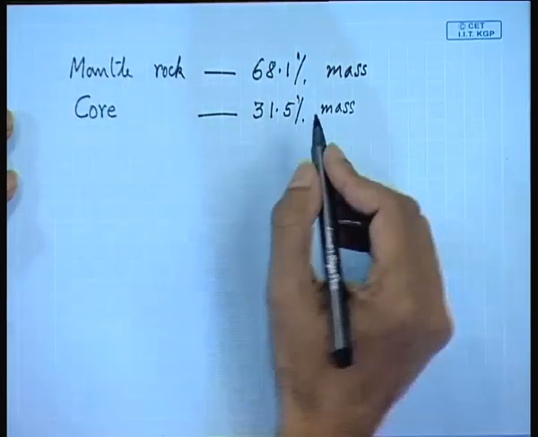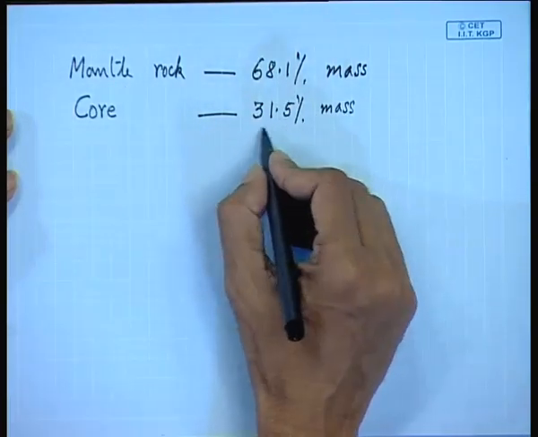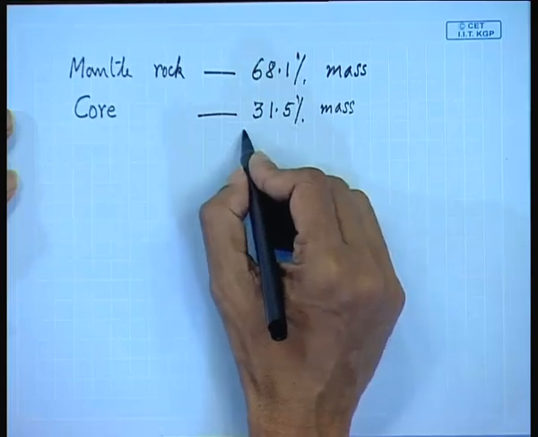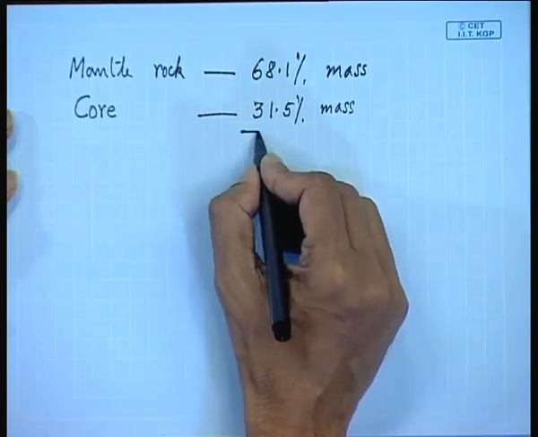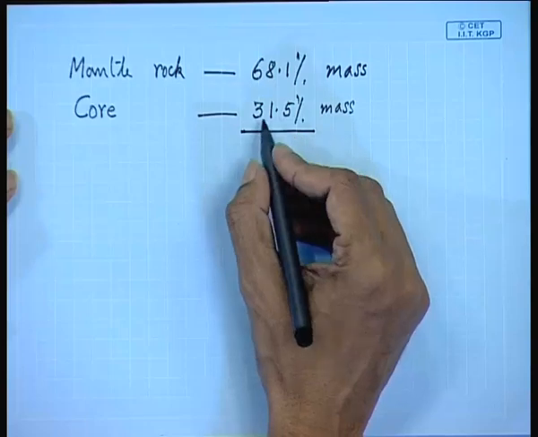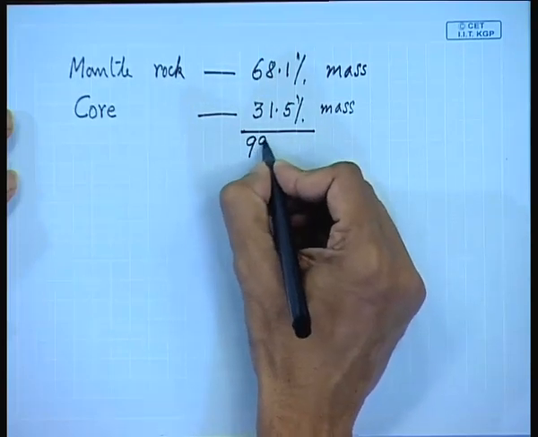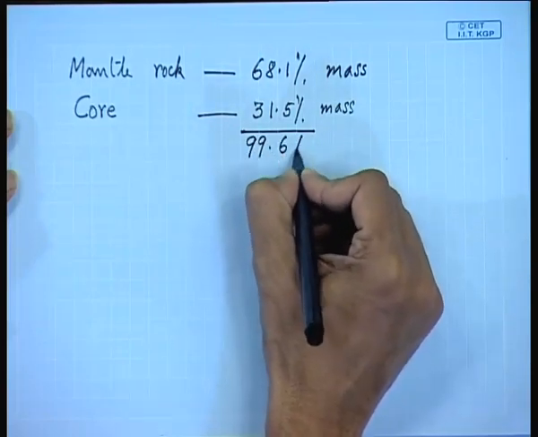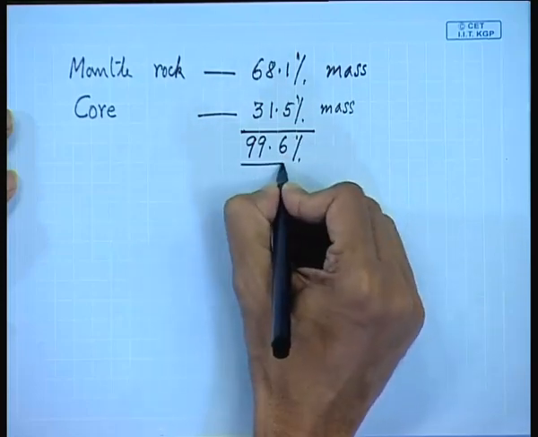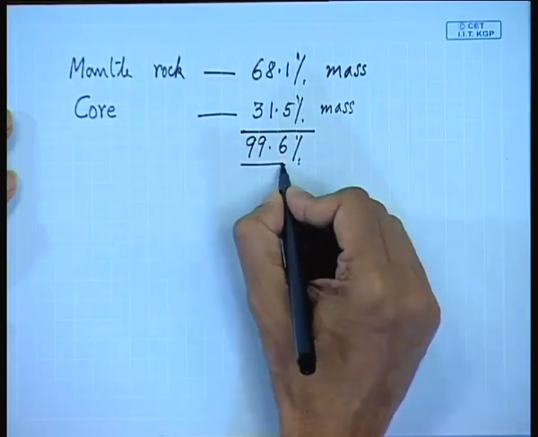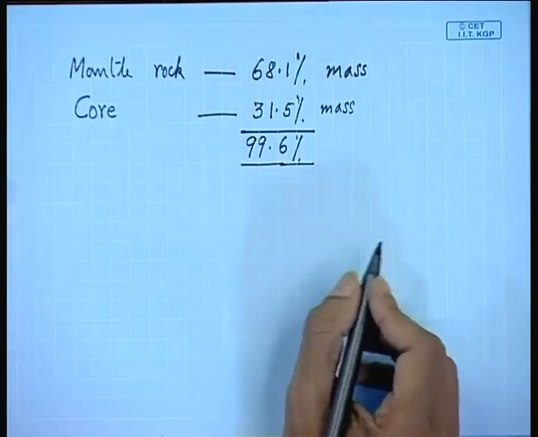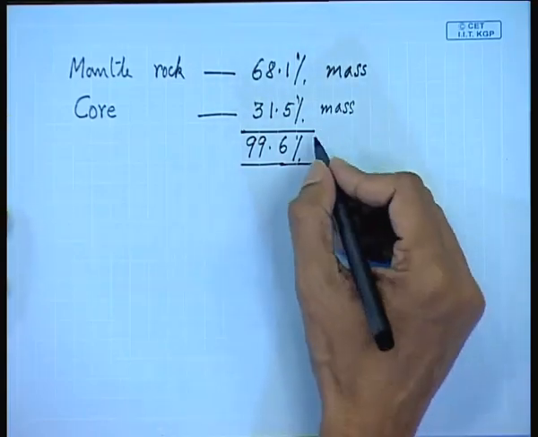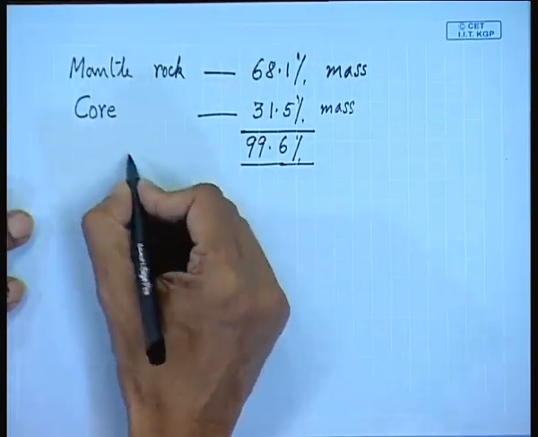So, if you add this, most of the mass of the earth comes to 99.6% made up of rocks. So, 99.6% of the earth's mass is made up of rocks.